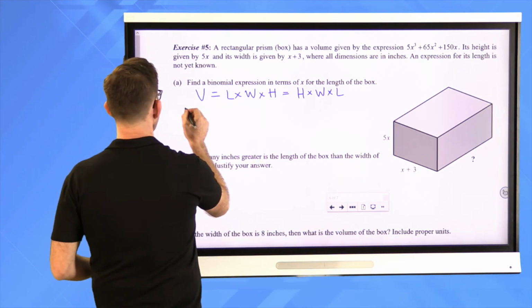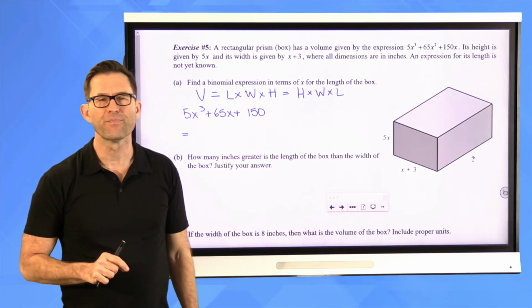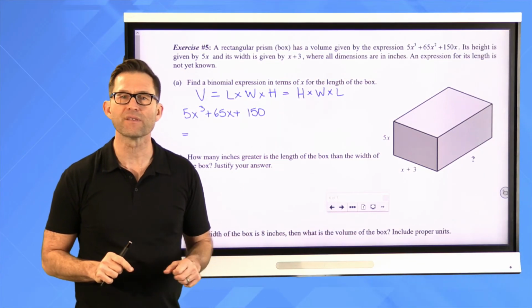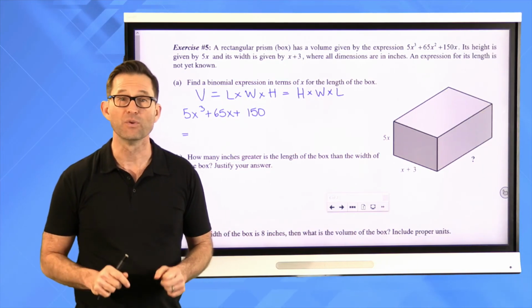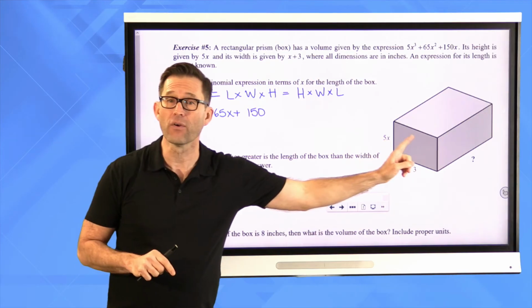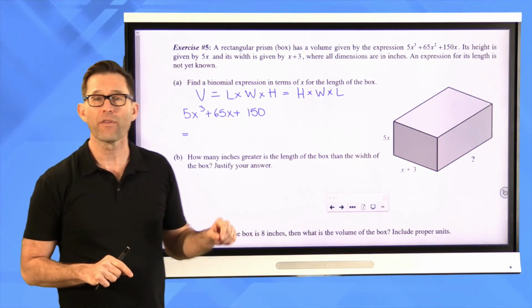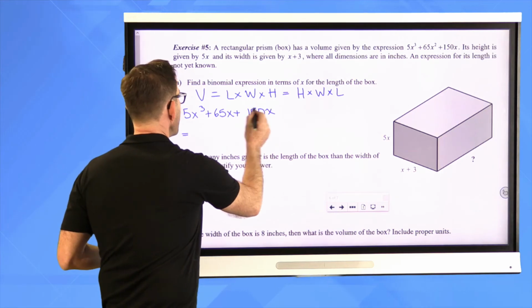My volume is 5x cubed plus 65x squared plus 150x. Now, given that volume is the product of three things, then if I can write the volume as a product, which is what factoring is, then hopefully I'll be able to figure out the missing portion.